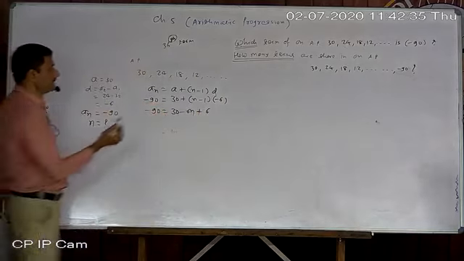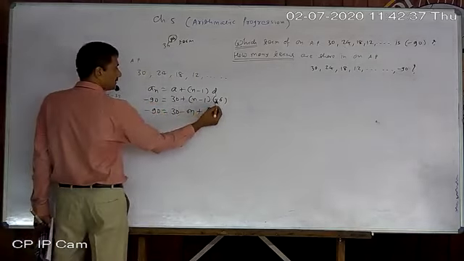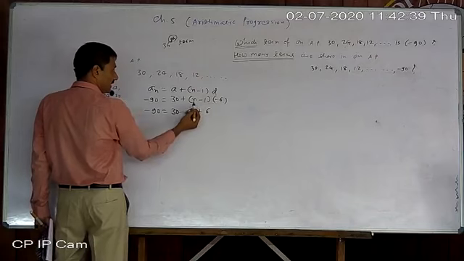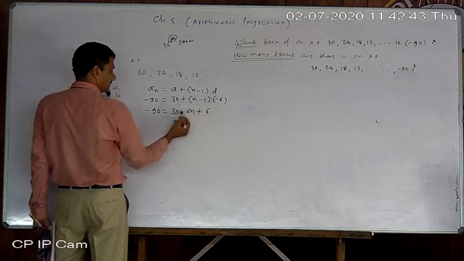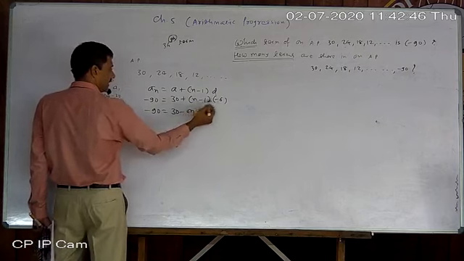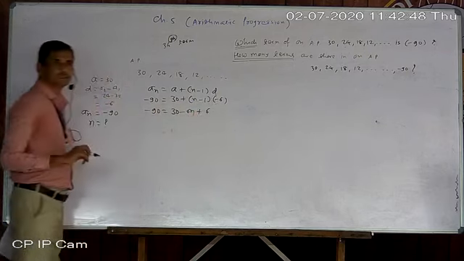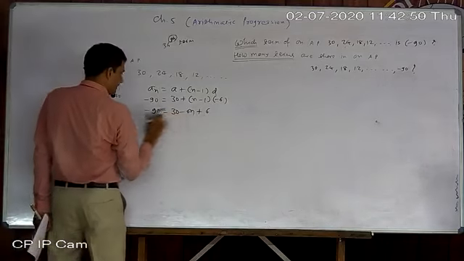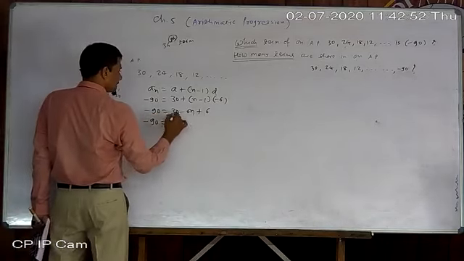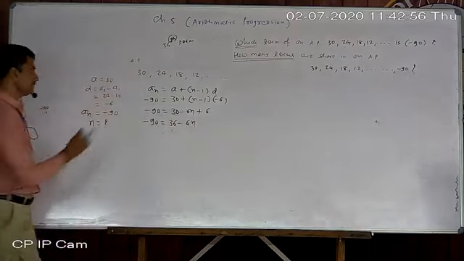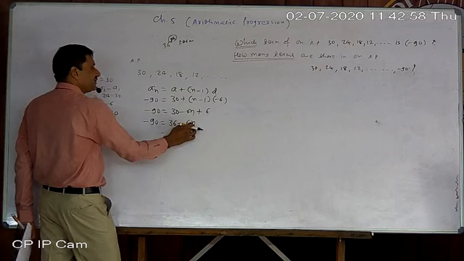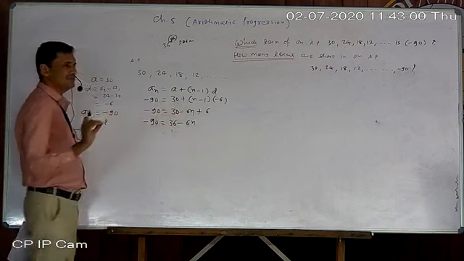Again, be careful whenever d is negative: keep it in brackets, and when you multiply, be careful with the sign also. Now simplify: 30 plus 6 is 36 minus 6n. Now actually that unknown term is negative.